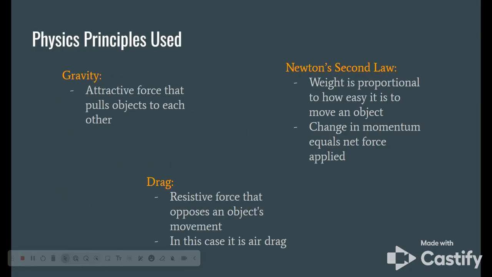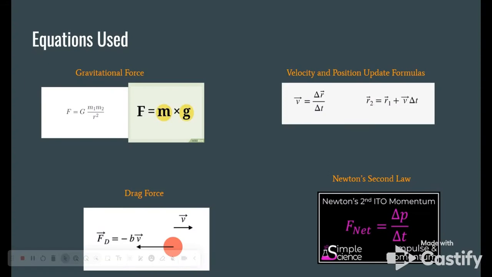Harping back on the physics principles, we had gravity, which is an attractive force that pulls objects together. Drag, which is a resistive force that opposes objects' movements, in this case air drag, and then Newton's second law, which is weight is proportional to how easy it is to move an object, and then change in momentum equals net force applied.